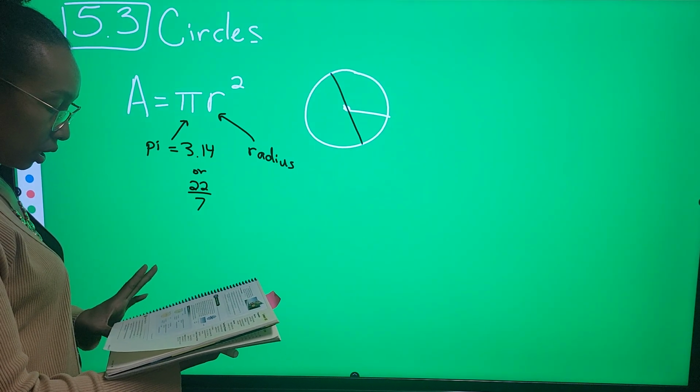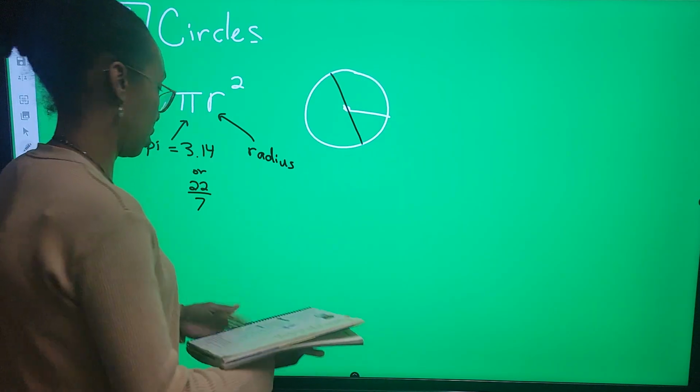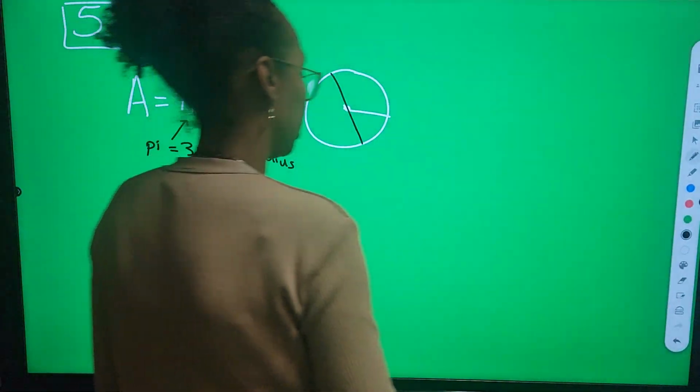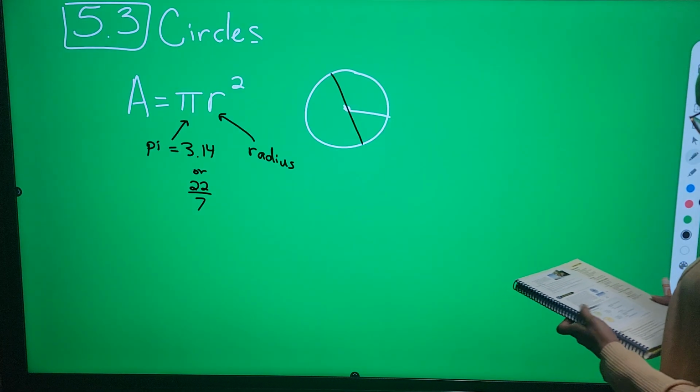All right, let's take a look at an example. This is on that same page on the bottom.